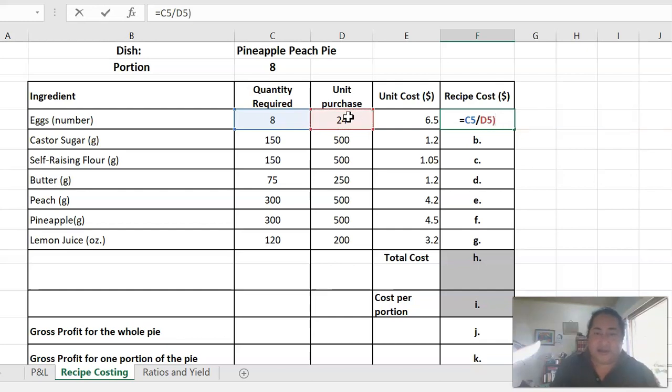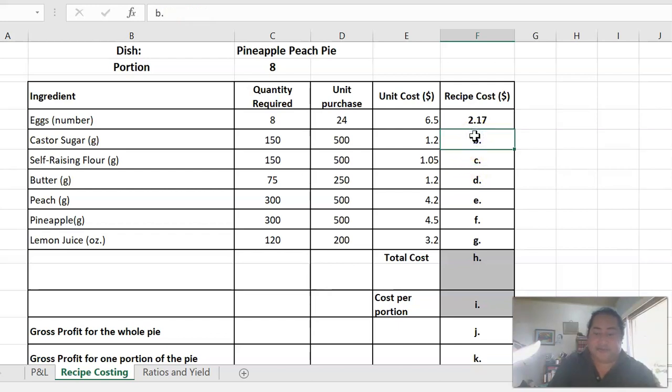Put that in brackets. It's good to put it in brackets so that you know what you're dealing with. Times unit cost. Enter. And then you get that amount. You can reduce that to 2 decimal places, because you'll have $2.17. You want the actual cost there.